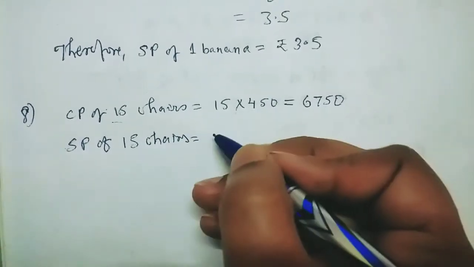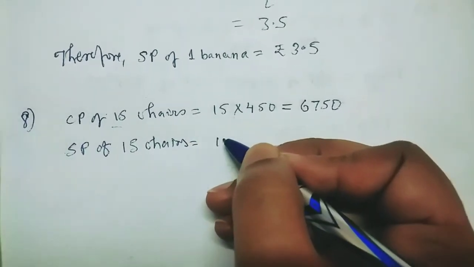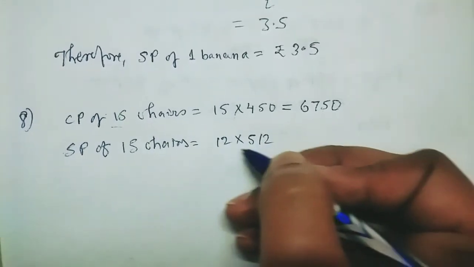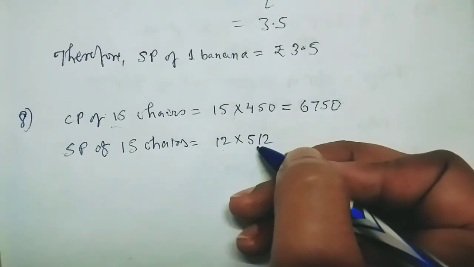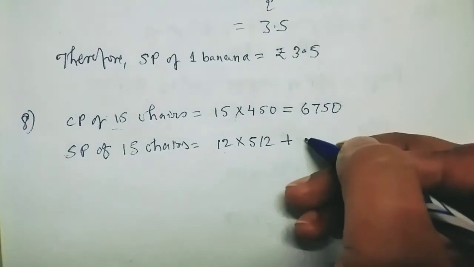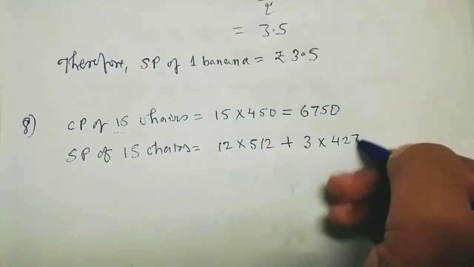Okay. So first one is what? 12 into 512, because 12 chairs are sold at 512 price, then plus 3 more chairs are sold at 427.